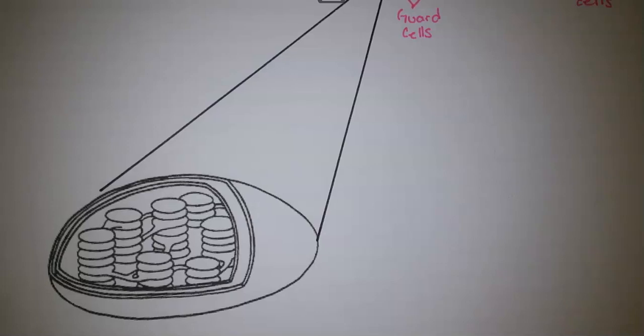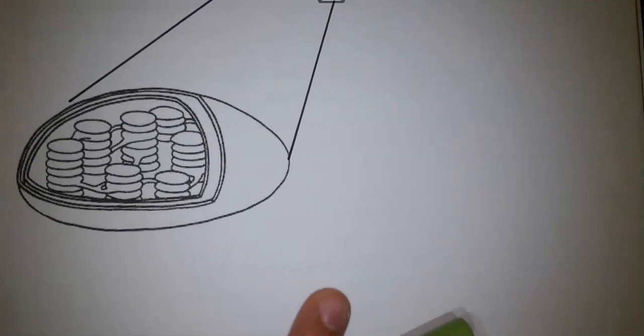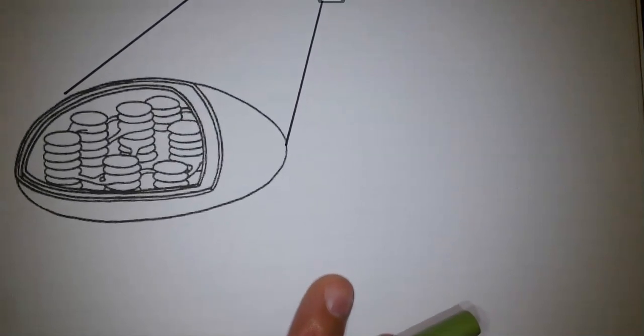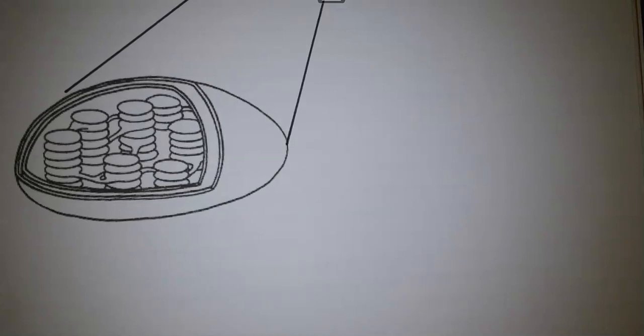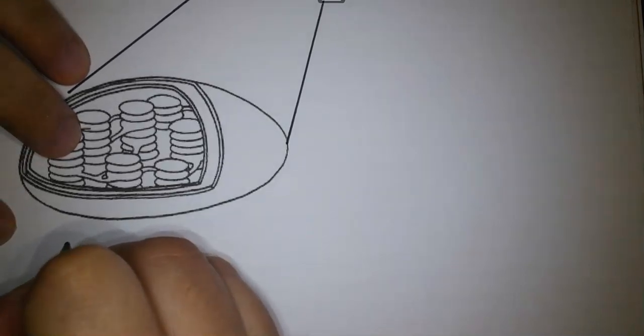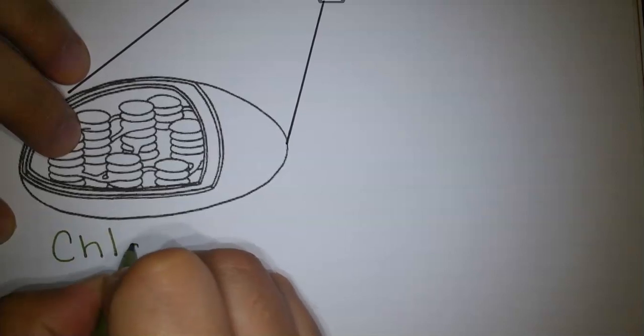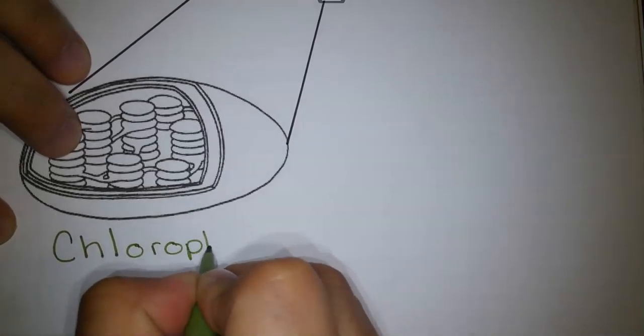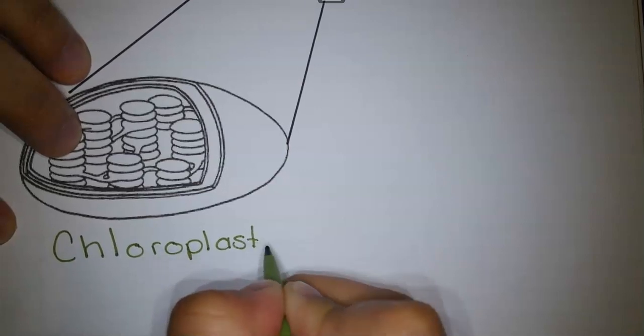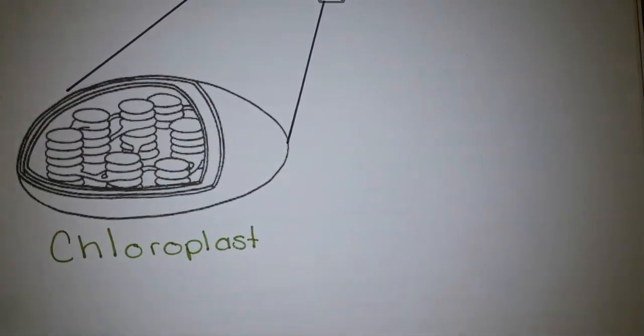So it has a membrane, and photosynthesis is actually happening in here. So first, let me just make sure that we get the name of our organelle correct. And this is going to be our chloroplast.